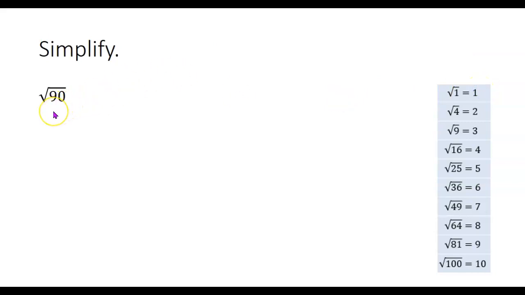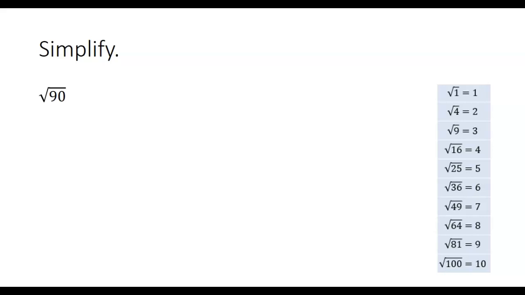Let's say we want to simplify the square root of 90. Now, if you ask your calculator what the square root of 90 is, it's going to give you something like 9.48683 and so on, which is not what we mean by simplifying.